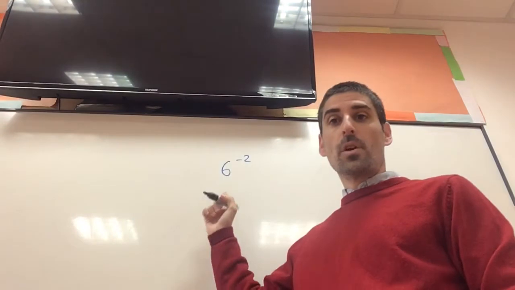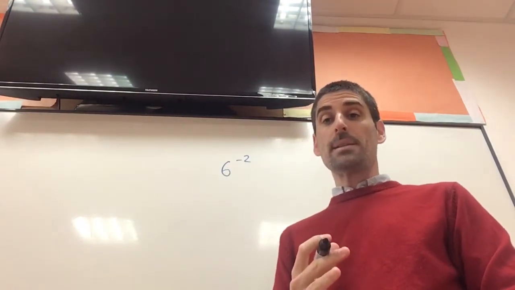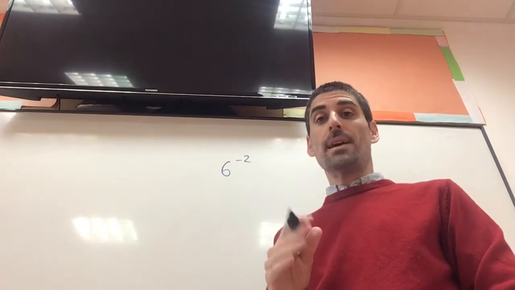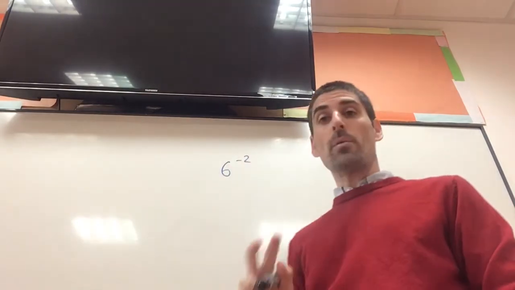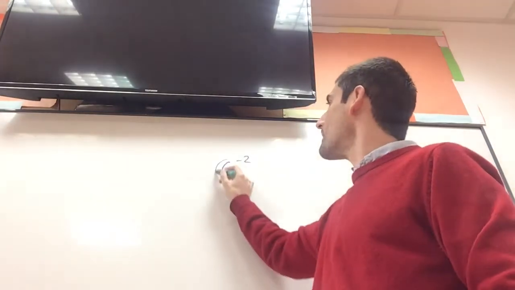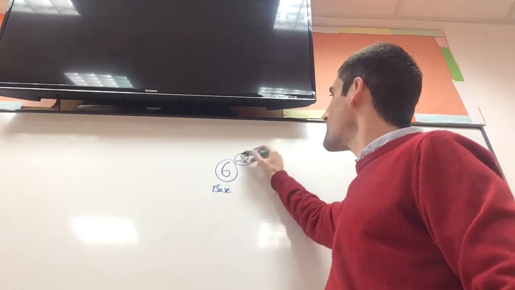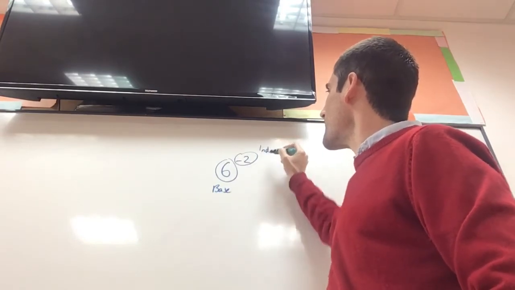Whenever you've got a negative index, all that means is that it's going to be the same power, but of the reciprocal of the base that you've got. Remember, that is the base, and that is my index.